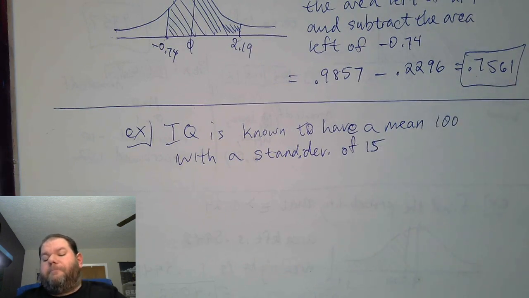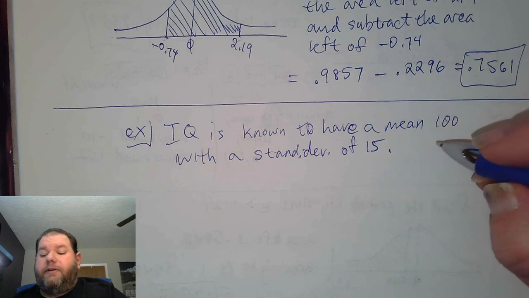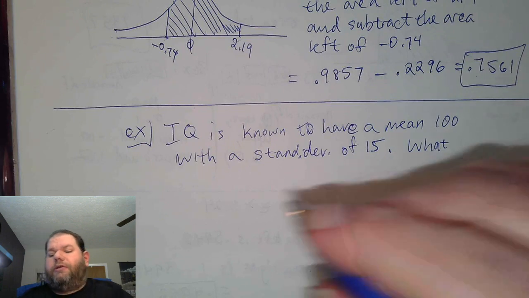Okay. What is the probability a randomly selected individual will have an IQ higher than 120?